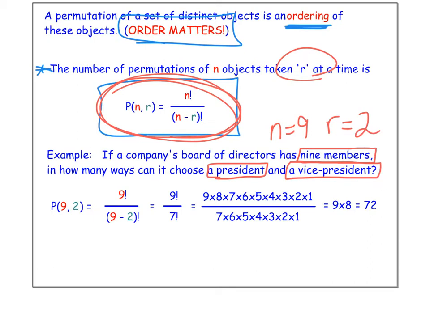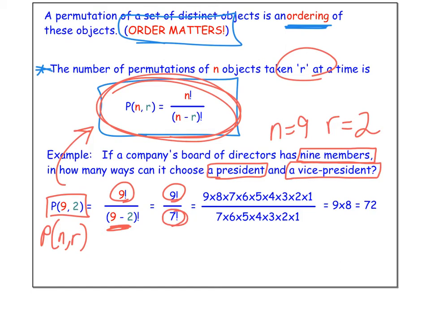So let's take n equals 9 and r equals 2 and plug it directly into our formula. The first one is n. The second number is r. n factorial goes on the top. And then the difference of the two, n minus r, 9 minus 2, is 7 factorial. And if we were to list out 9 factorial, 9 times 8 times 7 all the way to 1, this is what you would see.